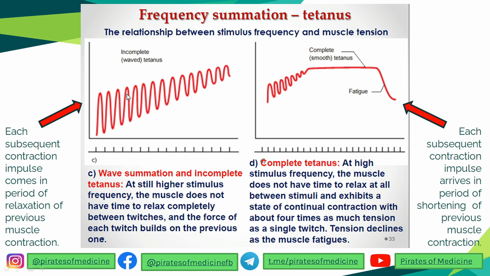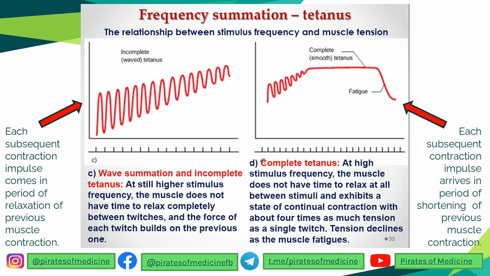So if the impulse comes in a period of relaxation of the muscle, the relationship is called incomplete, partial, or waved tetanus, because you can see this has a waved appearance. Yes, so this is partial or waved tetanus, in which the subsequent contraction comes in a period of relaxation. After some time, the impulse comes so quickly, the frequency is so high that the muscle does not have time at all to relax.